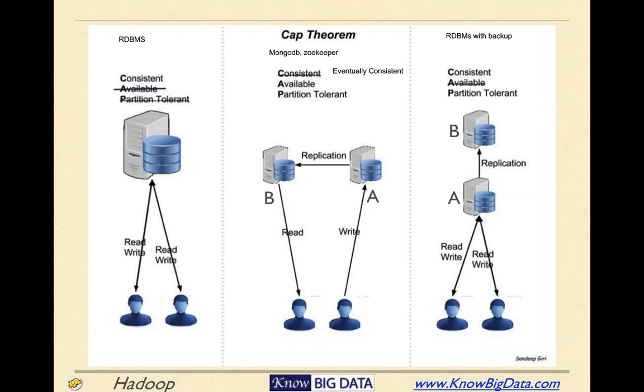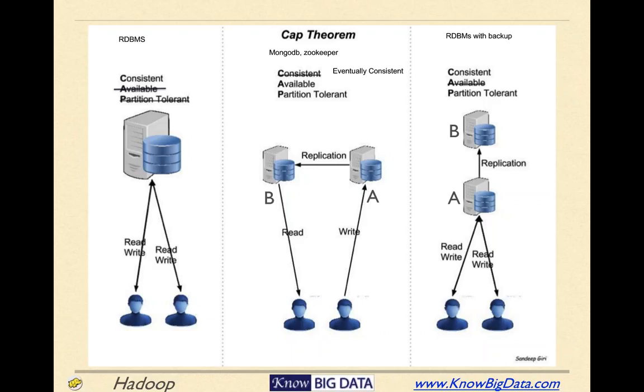Okay, the data from A gets copied to B, and now you can obviously see that during the time the data is in transit, the data is traveling from A to B, during that period, people will be seeing the stale data.